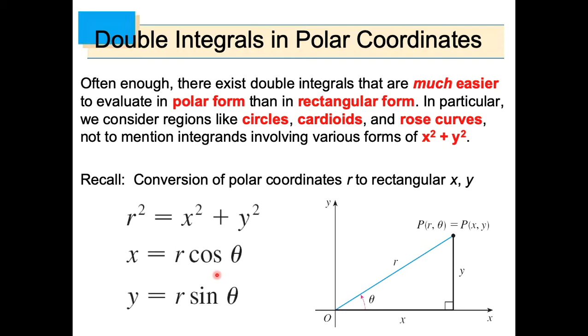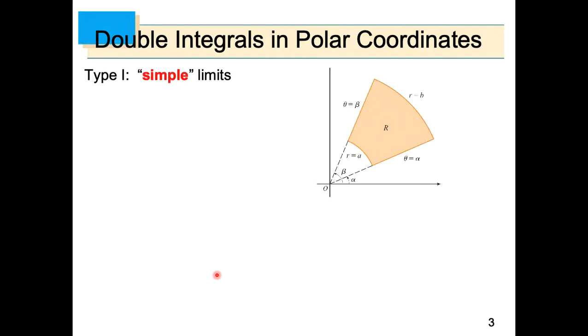What will probably be new are the regions over which we will be integrating. For example, believe it or not, this first type of polar coordinate integral that I'm trying to show you is actually simple. The reason it's simple is that everything about this region is constant. The radius, or I should say radii, from the origin starts at a going up to b, and that's consistent because it's going around like a polar coordinate should.